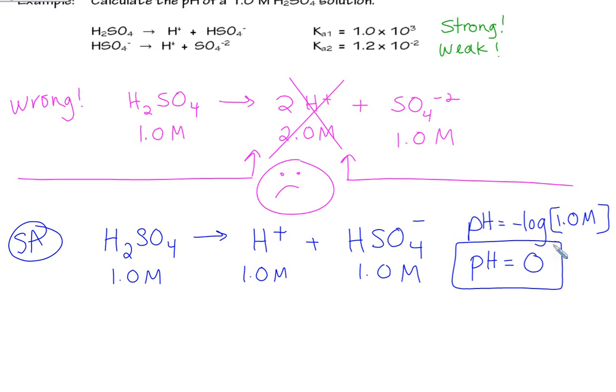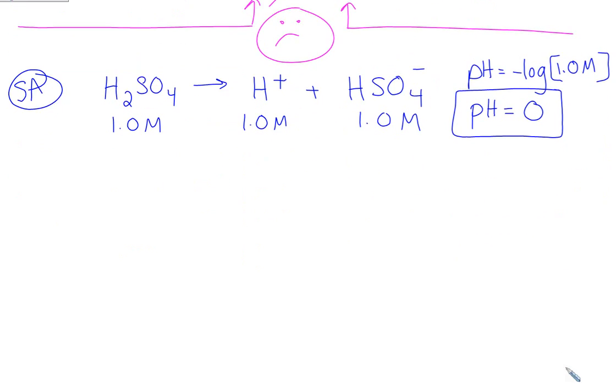You can have pH values that are negative. Think about concentrated acids, usually well above 10 molar. If you go opposite log of 10, 12, 15, you can have negative pH values. So don't freak out if that ever happens to you. In this case, it's okay to have a pH of 0. Highly acidic. The first dissociation is strong.